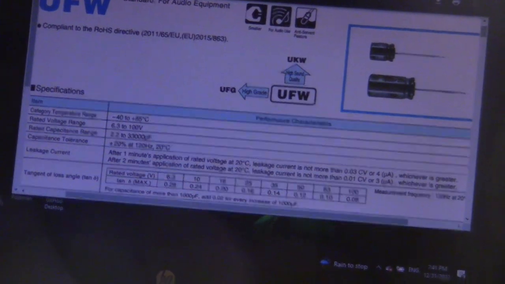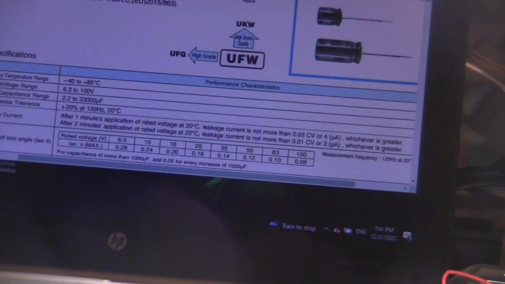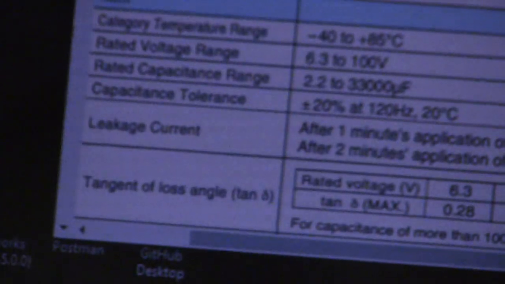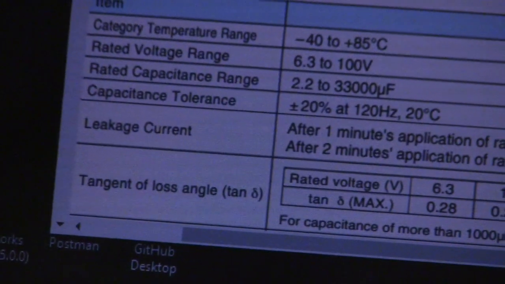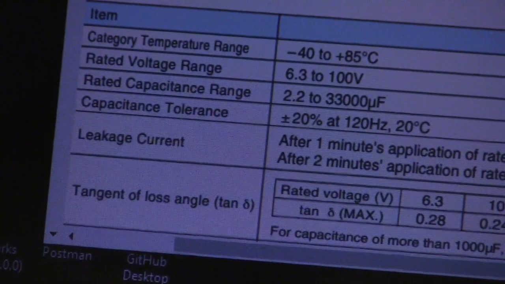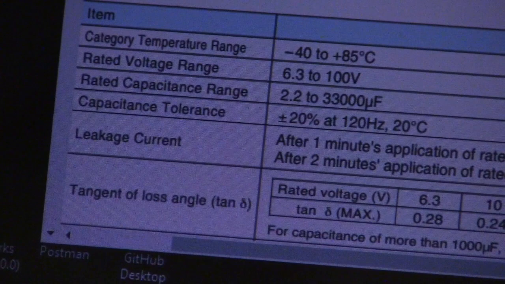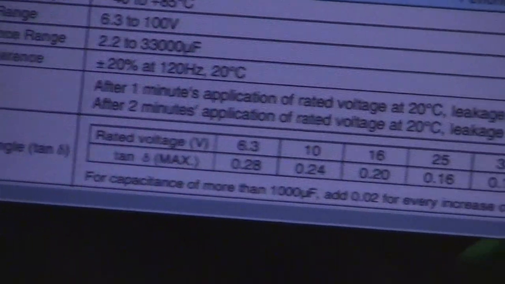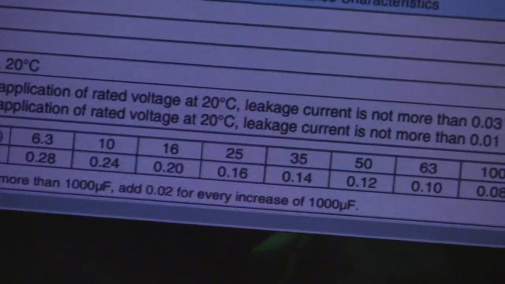Let's zoom into that to see what it's talking about. See that tangent of loss angle. Go to the right.